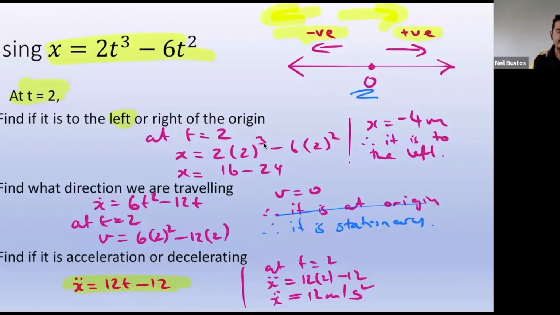So this was lesson number 2, I think, in the video. I said what direction we were going, and I talked this through with Sam. We got to this stage and it said v equals 0. So I said, therefore it is at the origin. That's what I said in the video. That is not true. Velocity talks about how fast and what direction we're going. If velocity equals 0, it doesn't mean that it's at the origin. What tells us that we're at the origin?